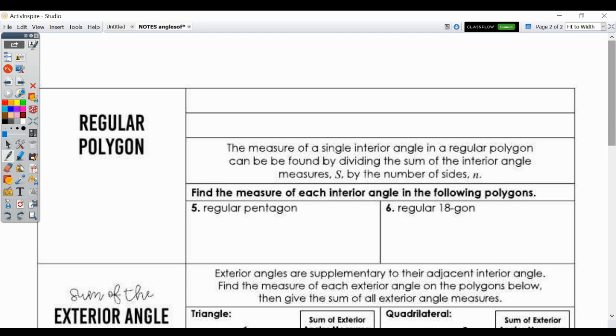So if something is a regular polygon, if you say that something's a regular octagon, or if it's a regular pentagon, or if it's a regular quadrilateral, that means that all side measures are equal. Okay?